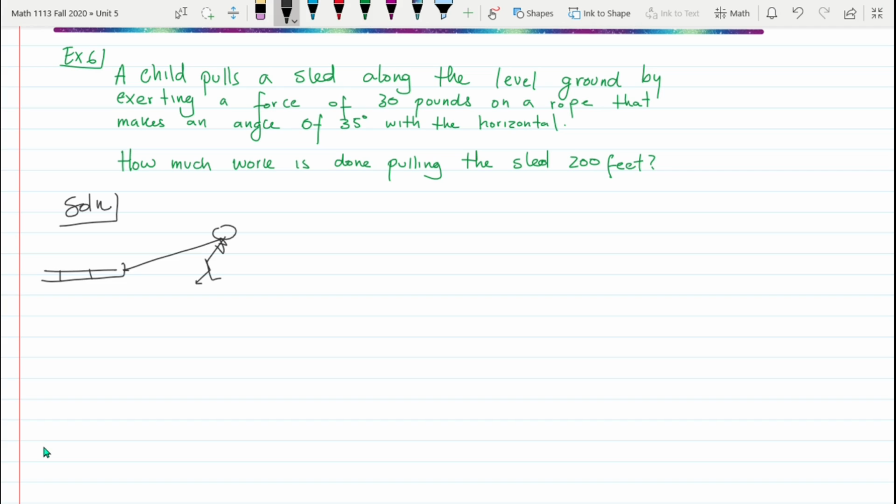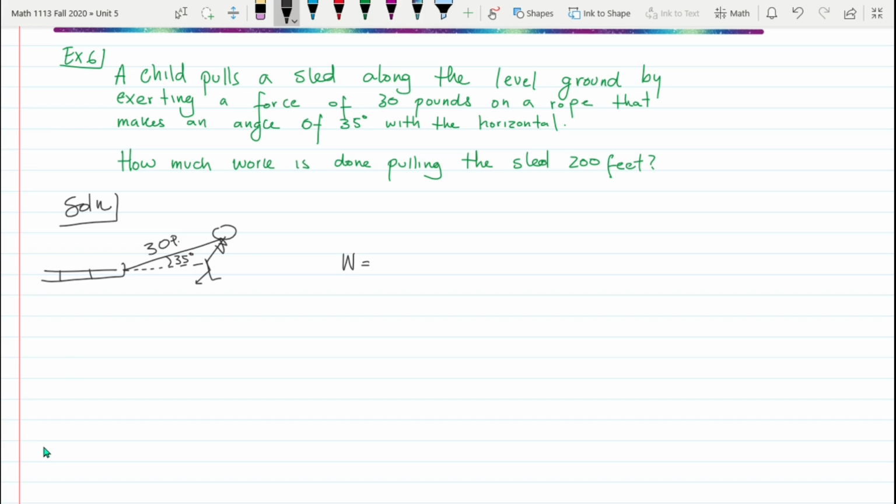And so when it says making an angle with the horizontal, here's the angle of 35 degrees, right? And the person is pulling this, and it makes a force of 30 pounds. So what definition do we use? Or how do we do it, I guess?